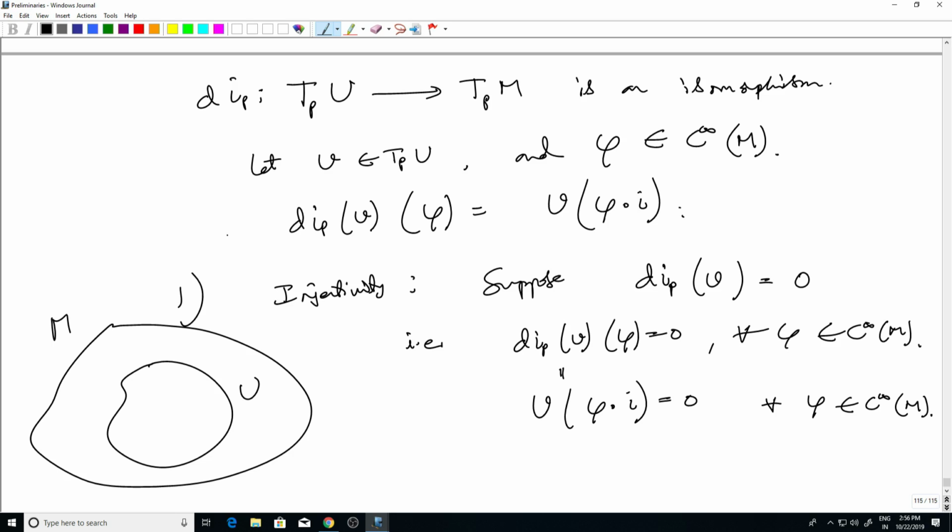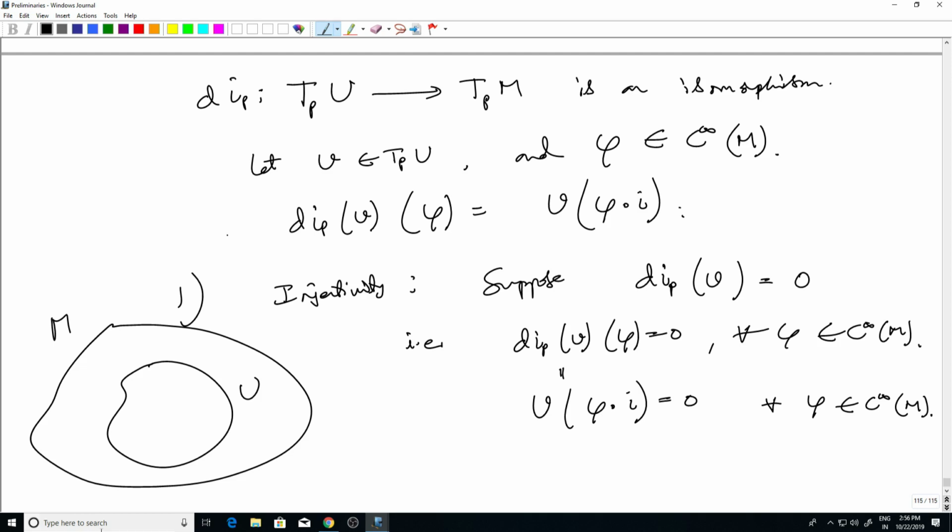Well, if I can say that every C infinity function on this U arises as the restriction of some bigger C infinity function, then I would immediately conclude that V is identically 0. But it need not be true that every C infinity function on U is the restriction of some bigger C infinity function on M.